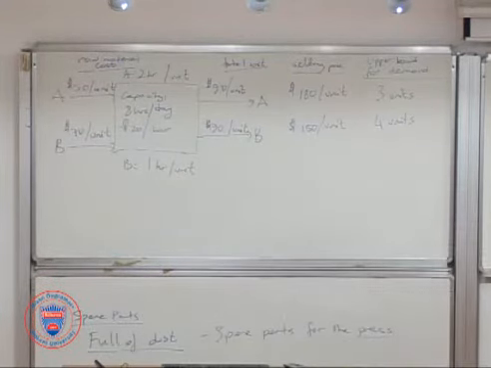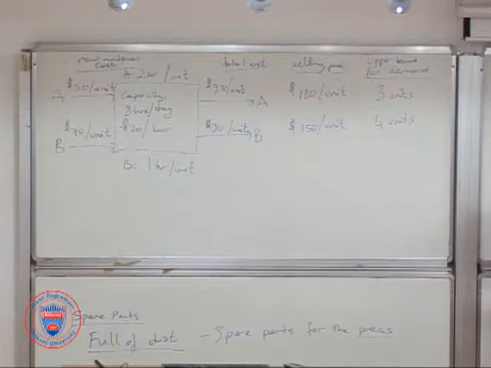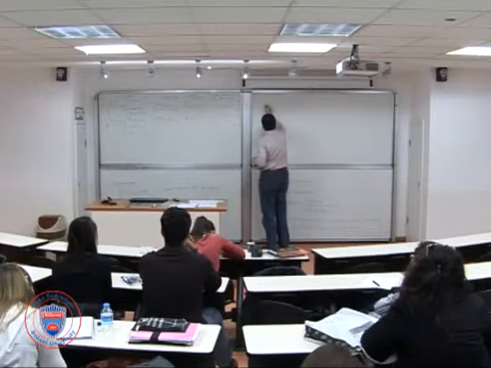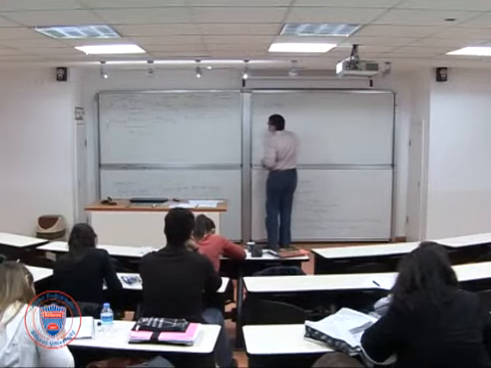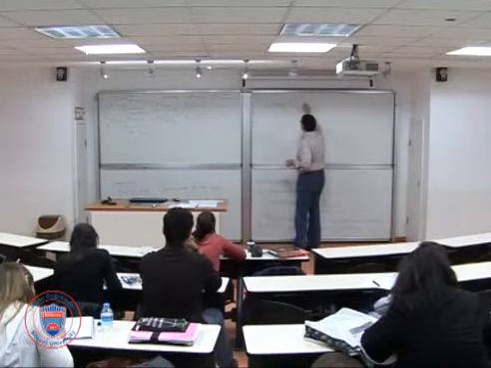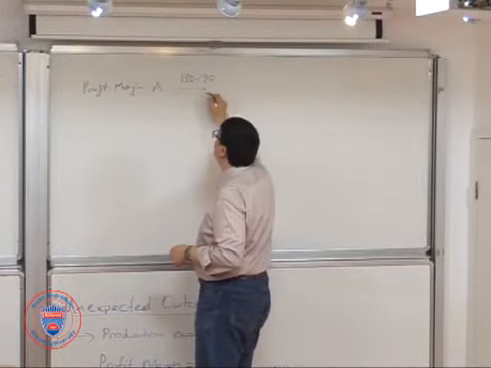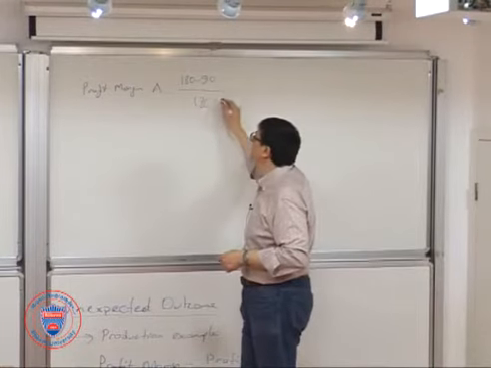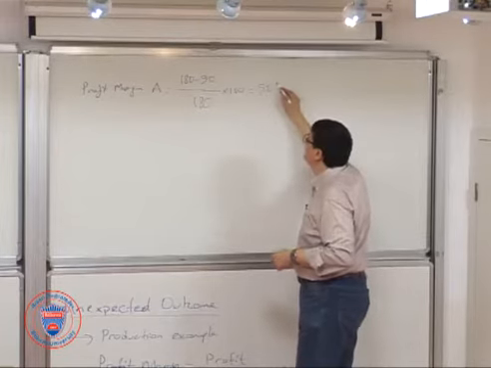Now, how are we going to solve this problem? Using the idea of profit margin, of course. Now, let's compute the profit margins. Profit margin for A is going to be 180 minus 90, divided by 180, times 100, which is going to be 50%.